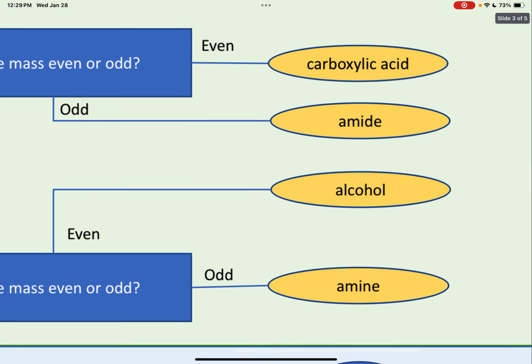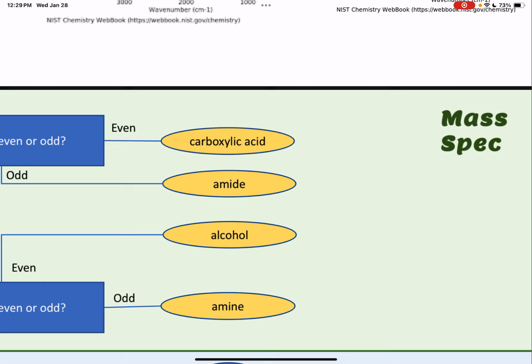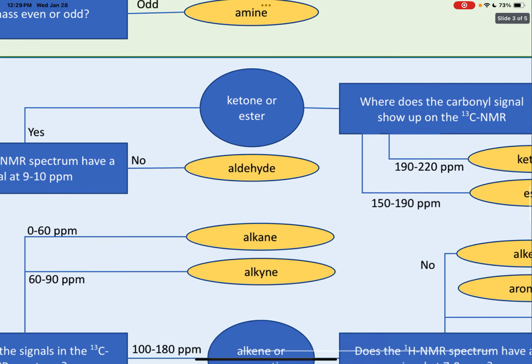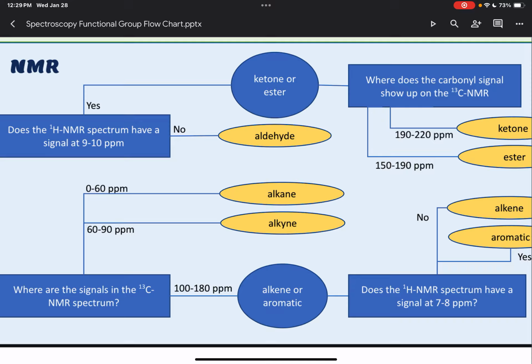They include, as you can see here, mass spectrometry, which is the next thing we're going to talk about on Friday, and NMR spectroscopy, both proton and carbon NMR. And between all 4 of those, you'll be able to basically look at the spectral data and identify what the compound is that you're working with.